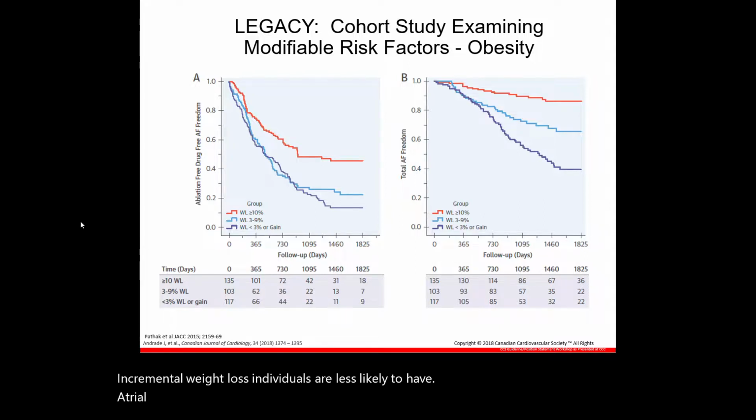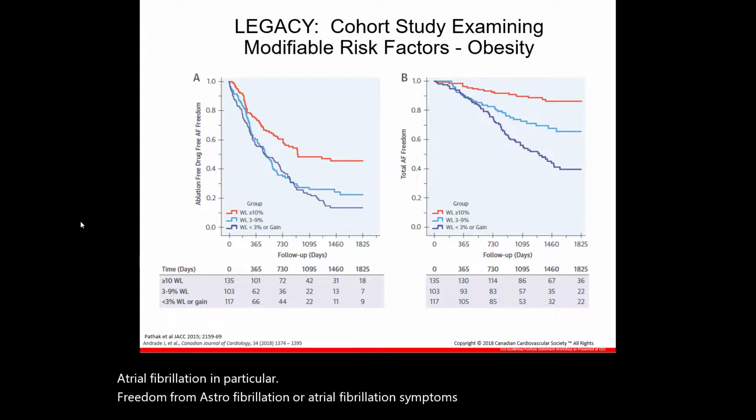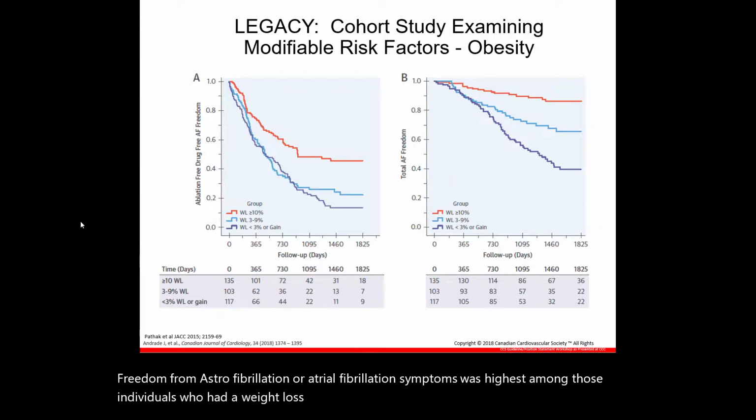In particular, freedom from atrial fibrillation and/or atrial fibrillation symptoms was highest among those individuals who had a weight loss of equal to or greater than 10%. This is shown on the graph by the red line.